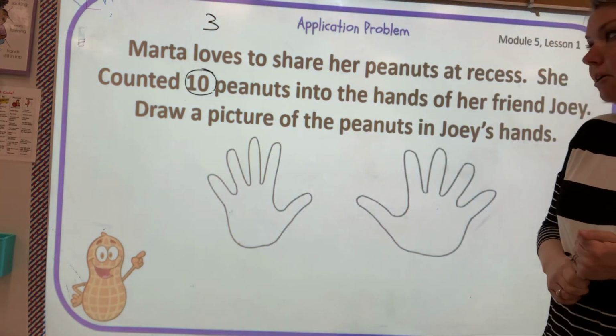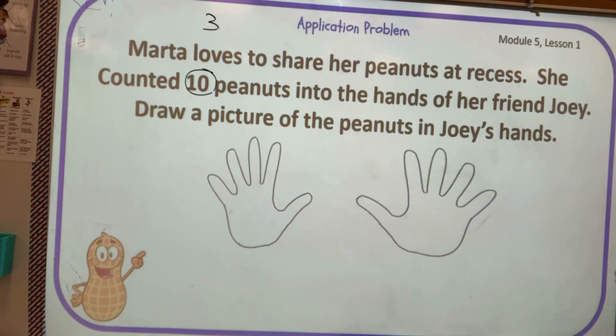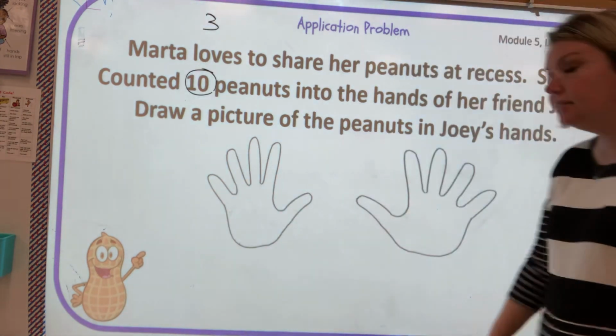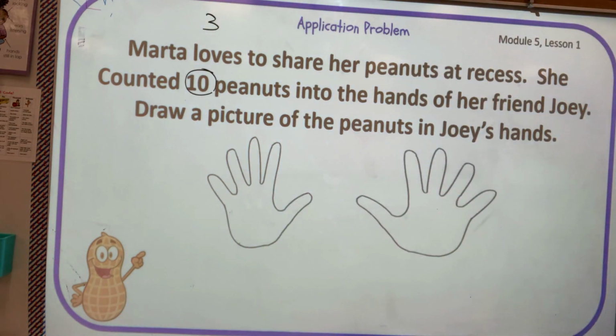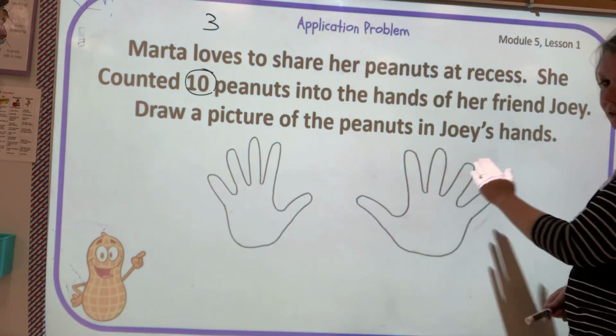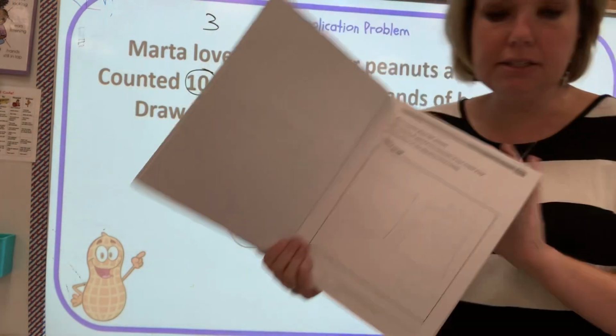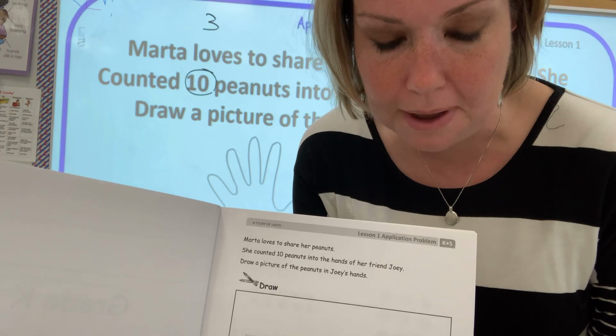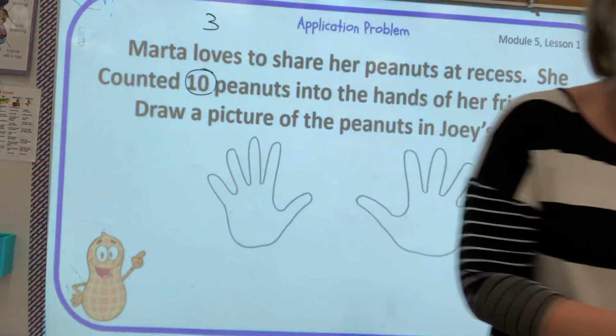That's probably my whole. Draw a picture of the peanuts in Joey's hands. So I need to draw some peanuts in this hand and some peanuts in this hand. You do it too. Draw circles in one hand and circles in the other hand. You don't have a hand, but remember I told you to draw the two squares to represent the hands.